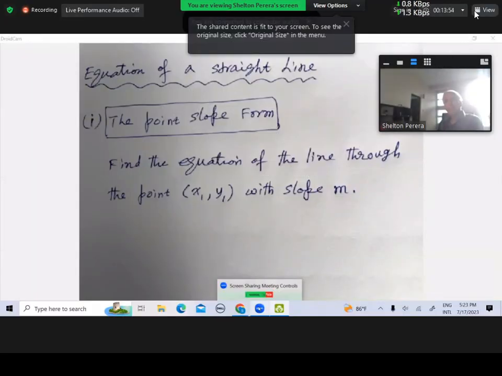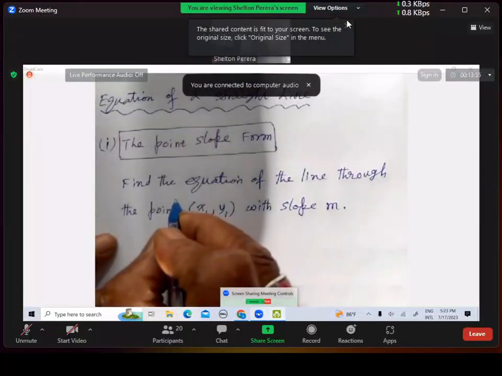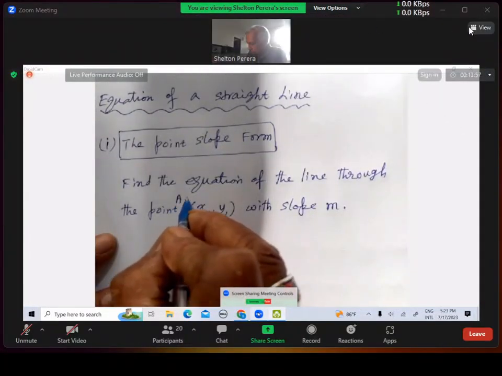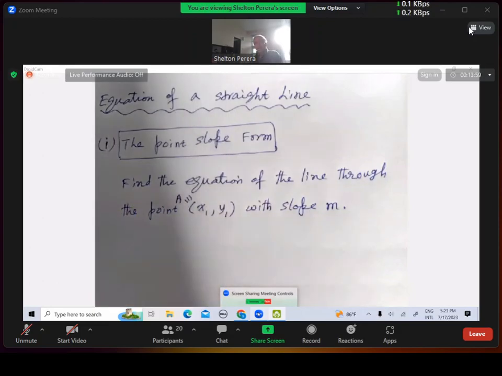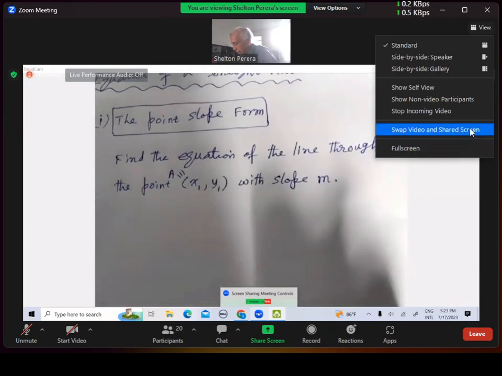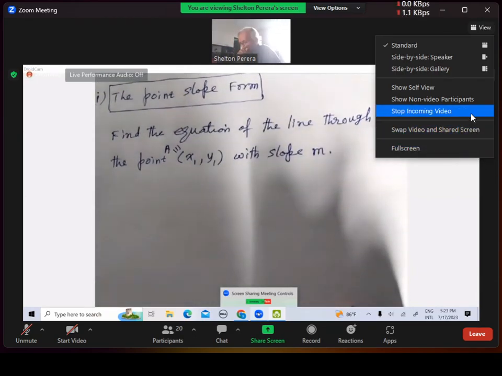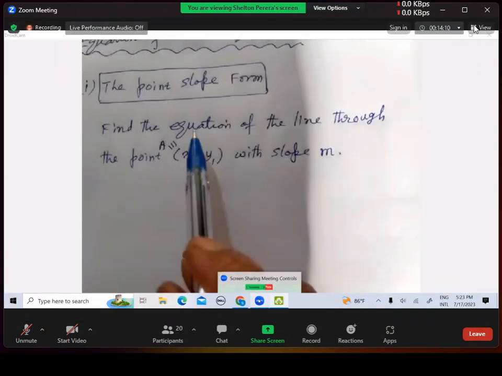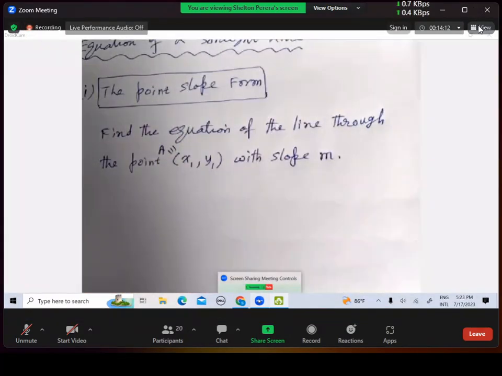Straight line through the point x1 comma y1, if you want, you can say A with coordinates x1 comma y1 with slope m. Let me draw a diagram, and I want you to understand what we mean by equation of something.